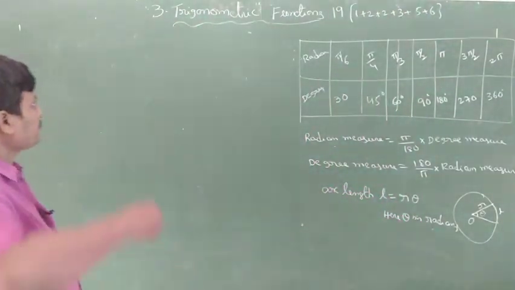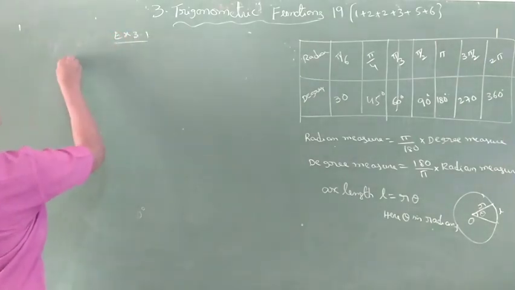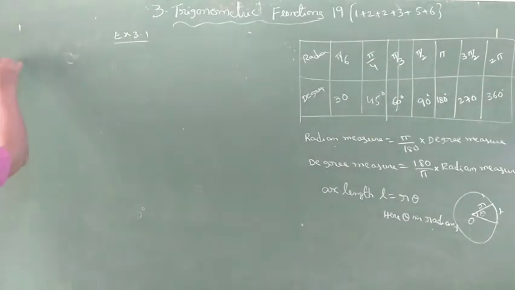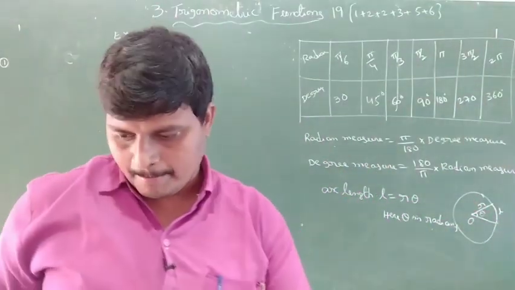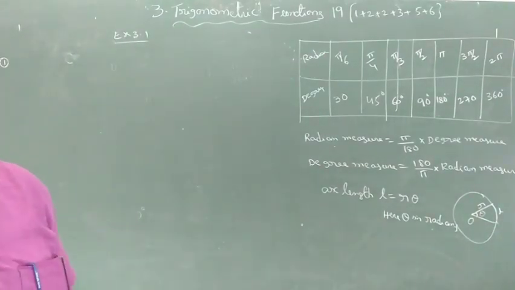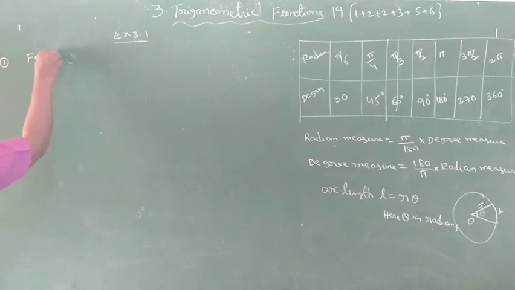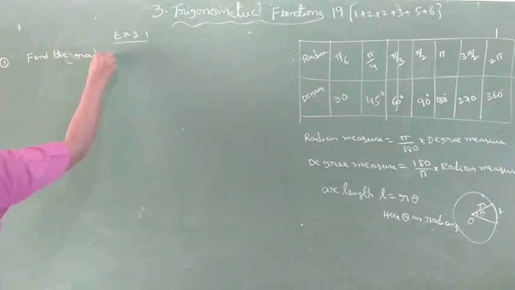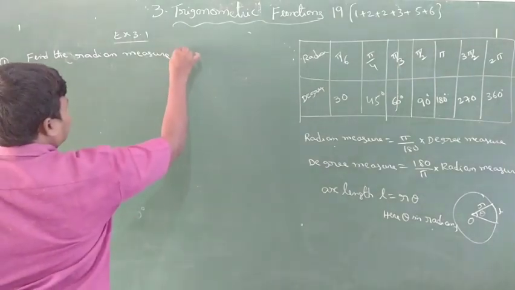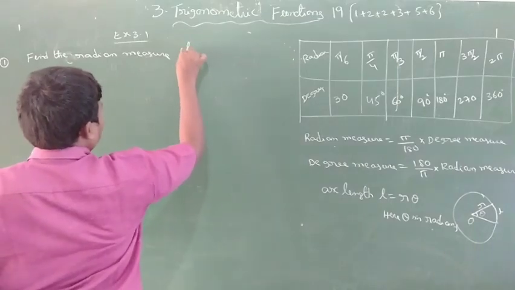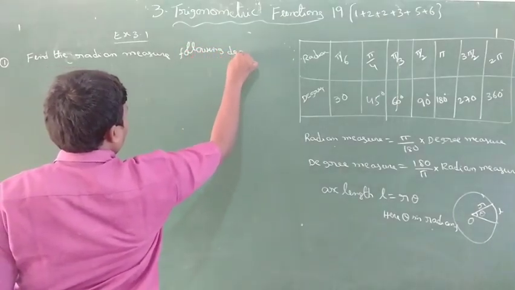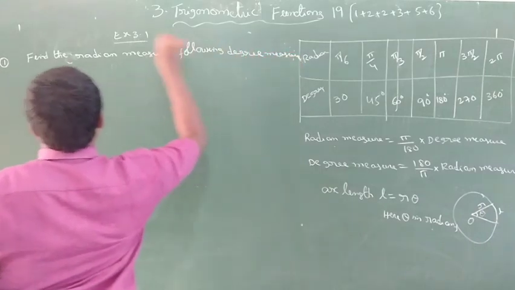Exercise 3.1. The first one is: find the radian measure of the following degree measures. This is the first problem.